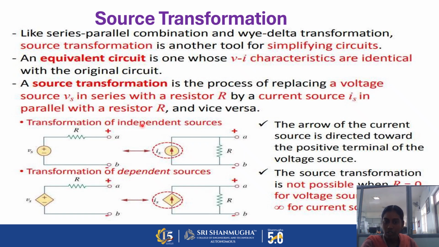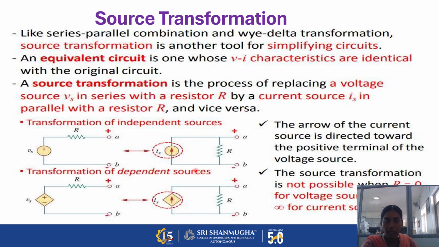So the series connection is converted here as a parallel connection. The value of I, that is current, is calculated by using Ohm's law. Here we know the voltage value and resistance value, so by knowing the voltage and resistance, we can easily calculate the current value using Ohm's law. So I equals V by R.